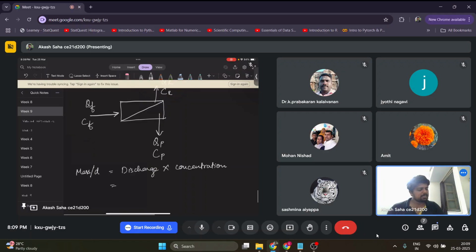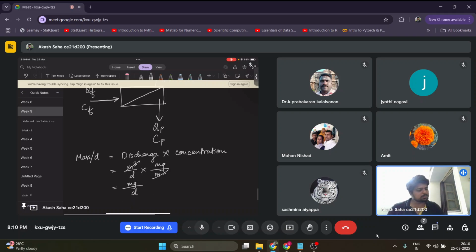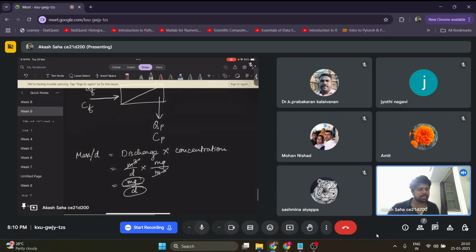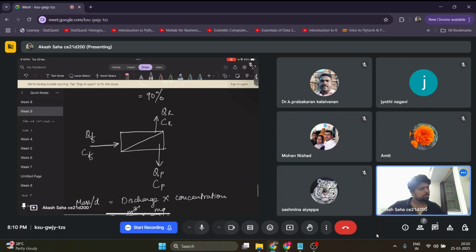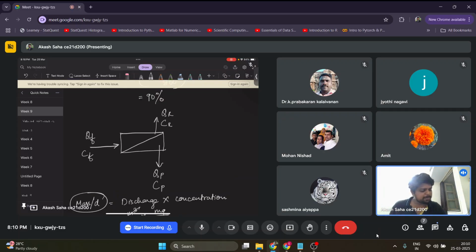Discharge is in meter cube per day, concentration in milligram per meter cube, so the meter cube cancels and we get milligram per day. This mass will not change throughout the system. It remains conserved.